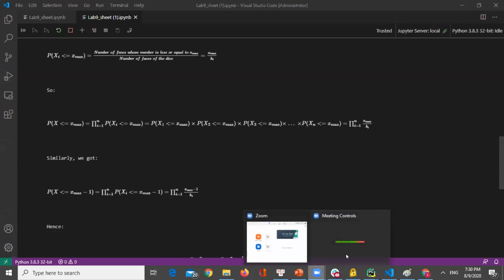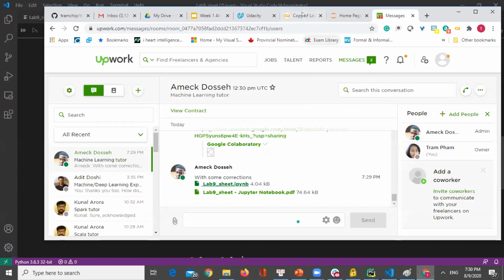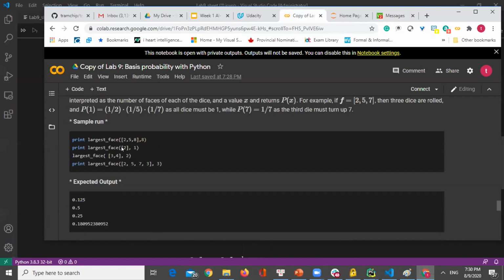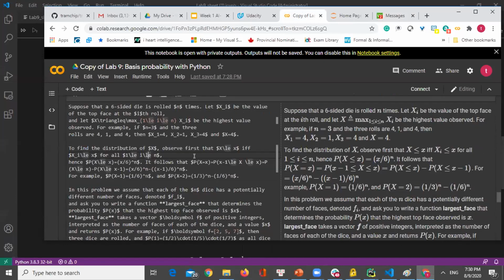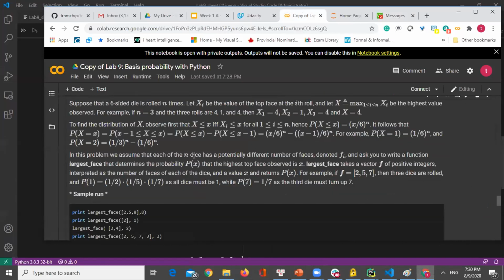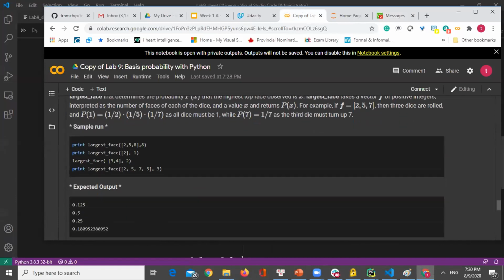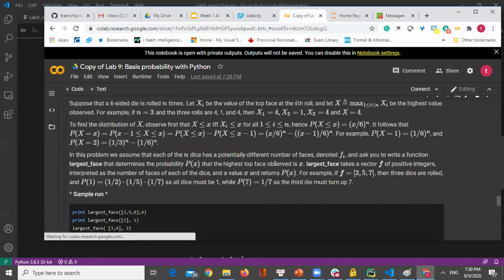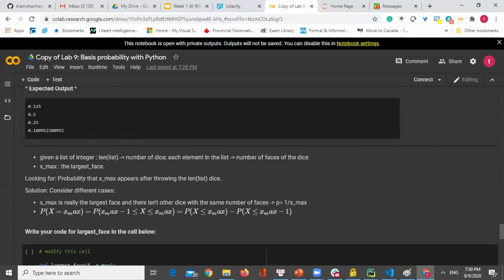So, let's see. Output. So what is the probability they have for the largest face?